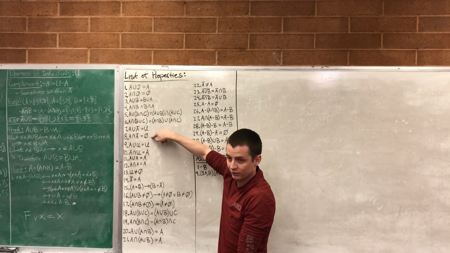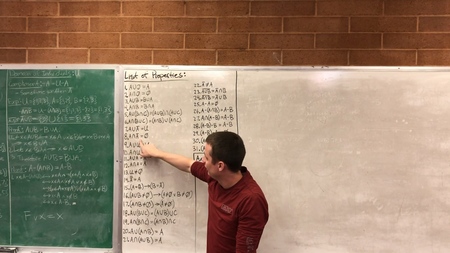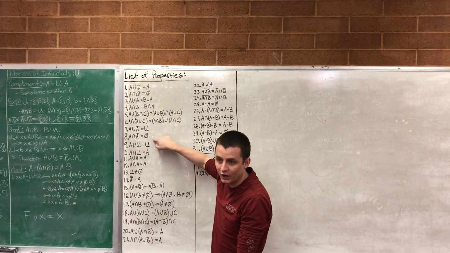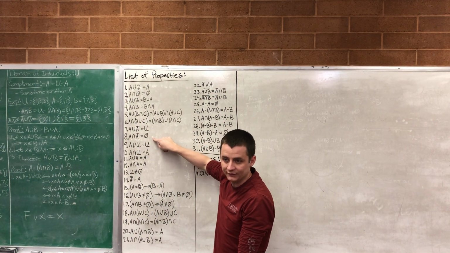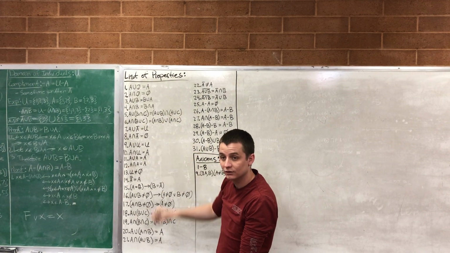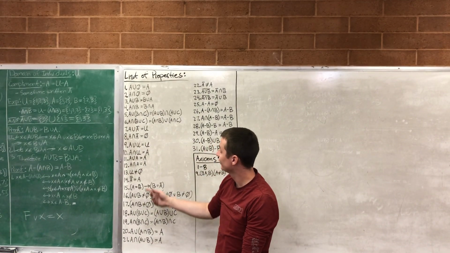Alright, this one. A intersect the complement of A. In other words, if we take everything that's in A and everything that's not in A, then we've got nothing. There's nothing that's in A and not in A. Wouldn't the empty set be in A? No. It's a subset.